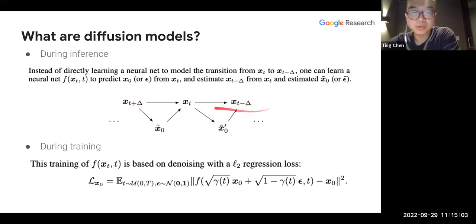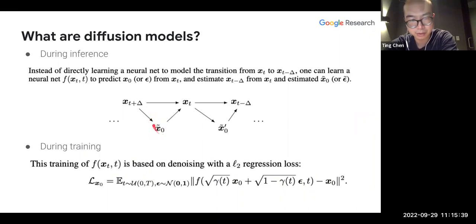Now, how do we train such a function? The key thing here is, given a noisy state, you should be able to predict the data or the noise. If you are able to do that, then the jumping to xt, given these two, is quite straightforward. But in order to do that, you have to learn such a mapping from the noisy state to an estimate of the data or the noise.